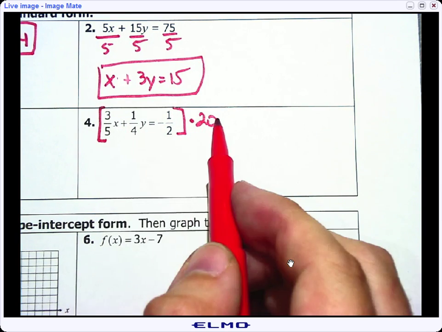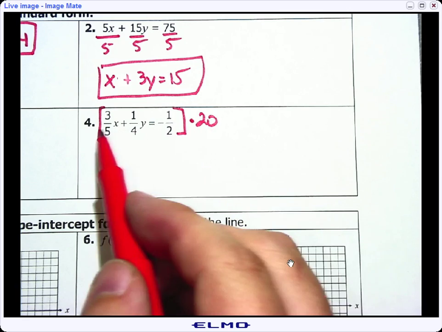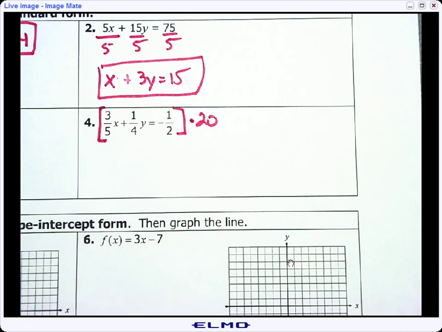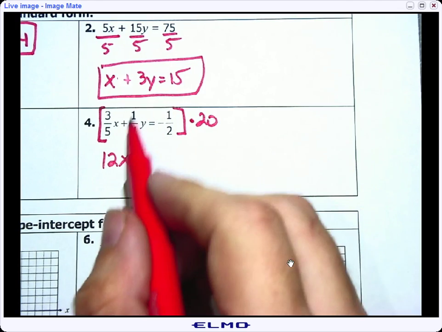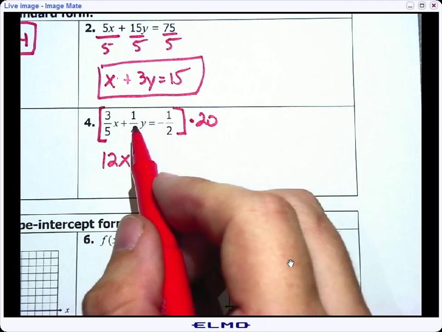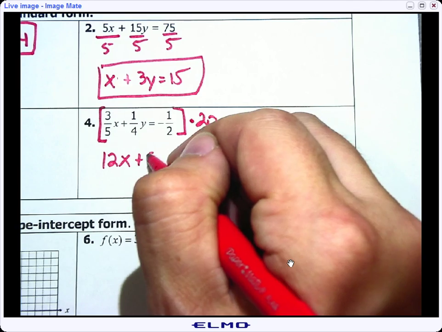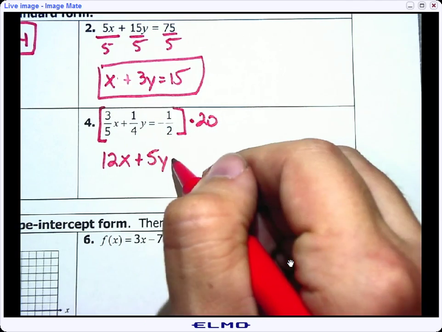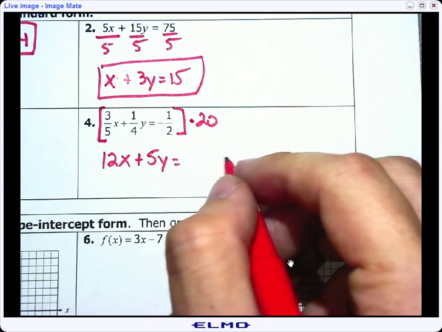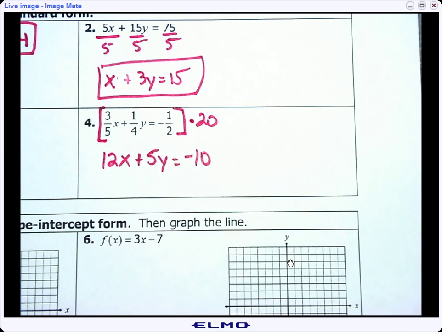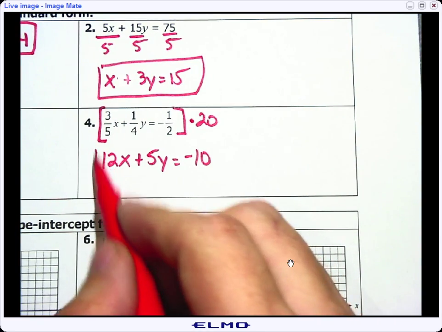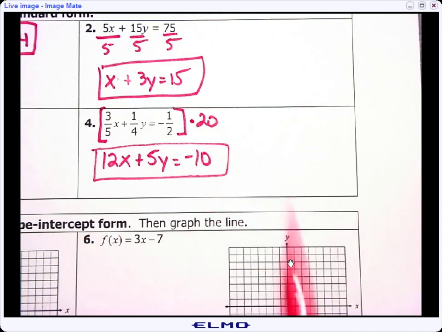So 3 times 20 is 60, but then divided by 5 is going to give us 12x. 1 times 20 is 20, divided by 4 gives us 5y, and half of 20 is 10, but it's a negative 1/2, so negative 10. And that would be our final answer, because all other conditions have been met.